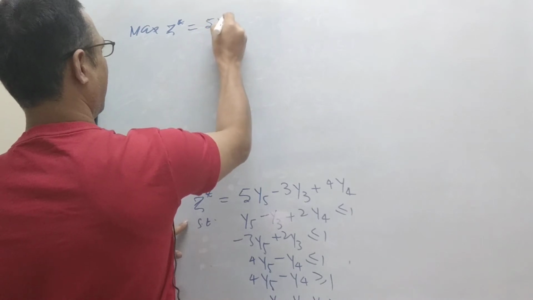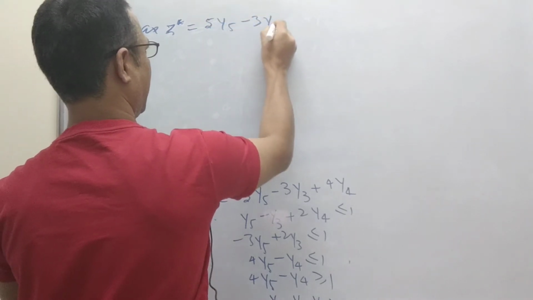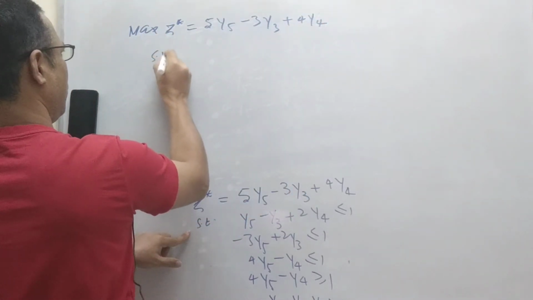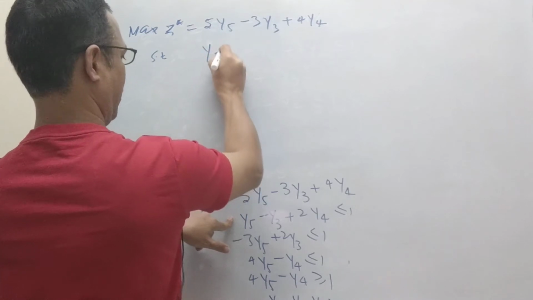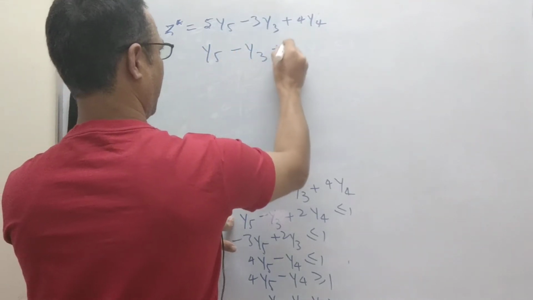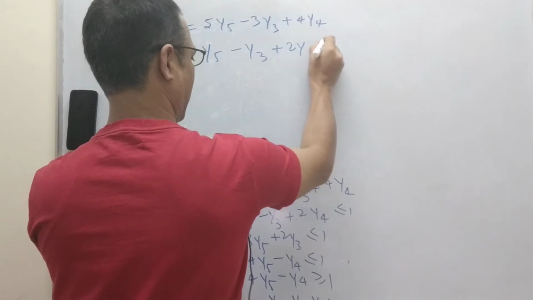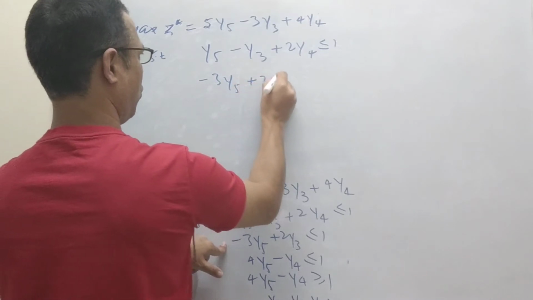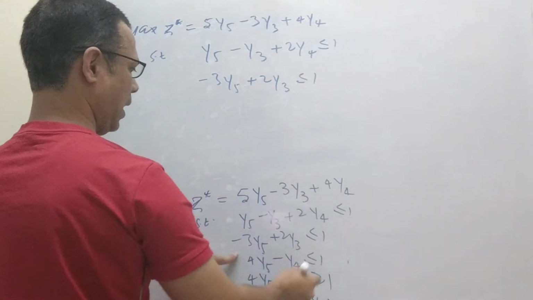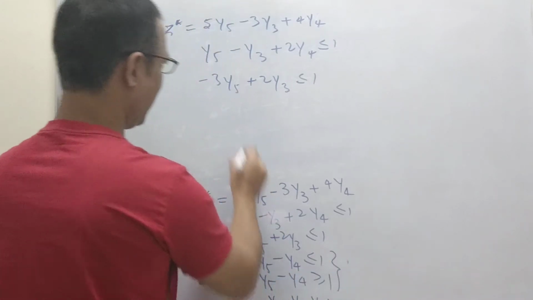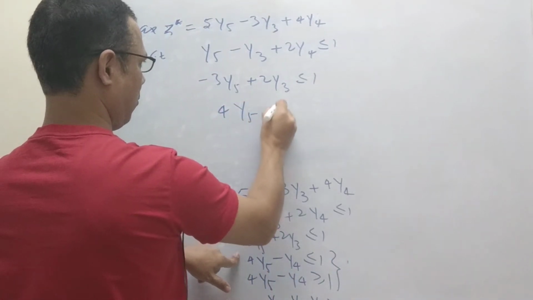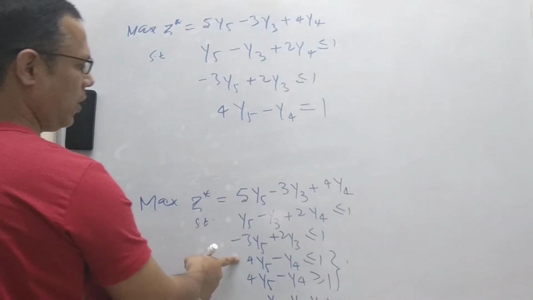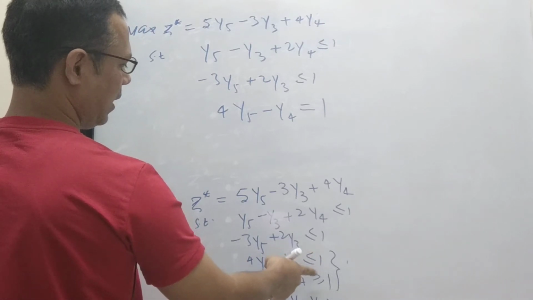5y5 - 3y3 + 4y4, subject to y5 - y3 + 2y4 less than equal to 1, -3y5 + 2y3 less than equal to 1, and for these two we can write 4y5 - y4 is equal to 1, because this equation can be changed into the form of these two inequalities with less than equal to and greater than equal to.